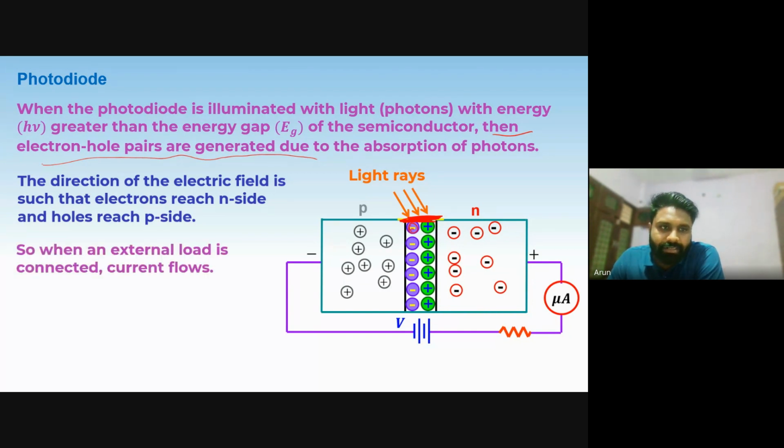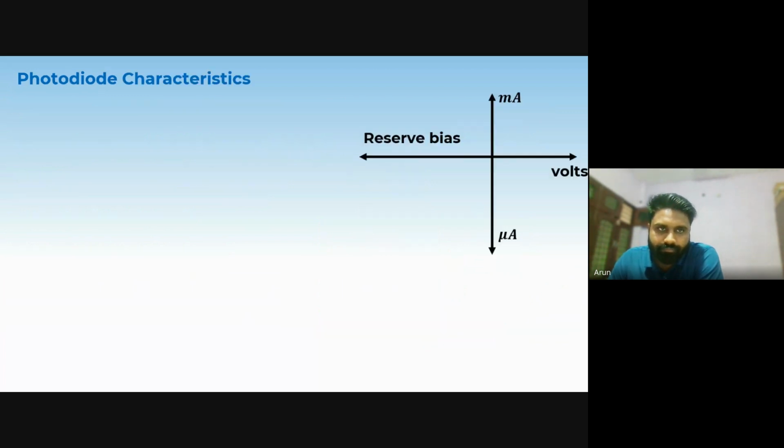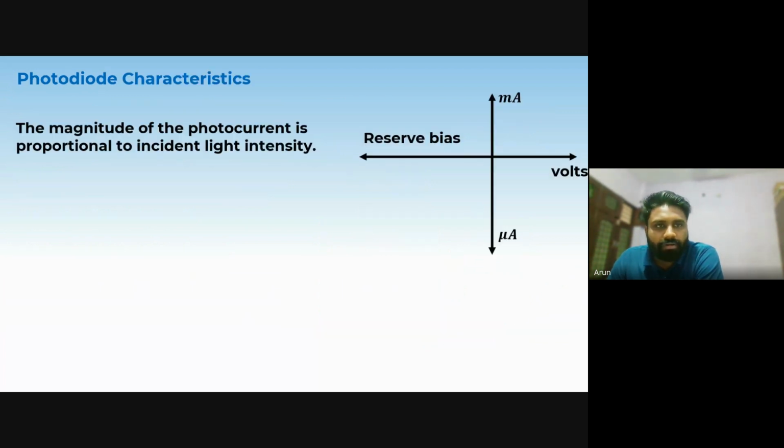So when an external load is connected, current will flow. You can see the photodiode characteristic, that is the IV characteristic. The magnitude of photocurrent is proportional to the incident light intensity. The same you will use for the LED also. Okay.